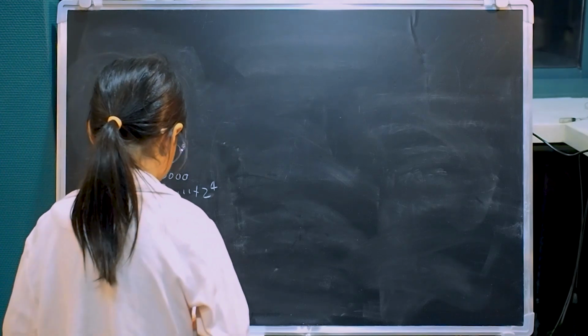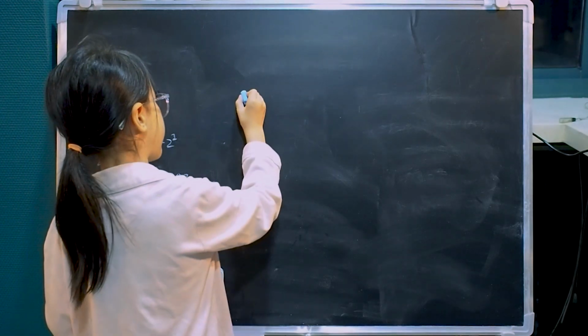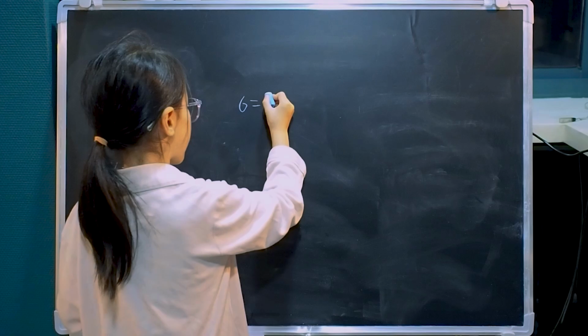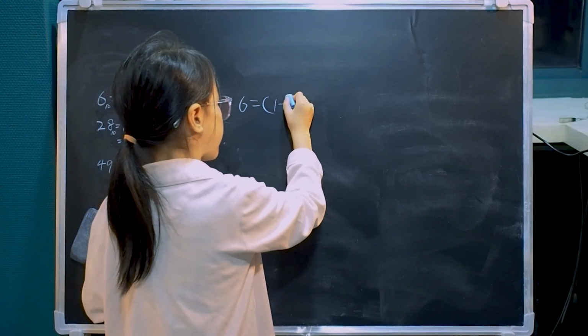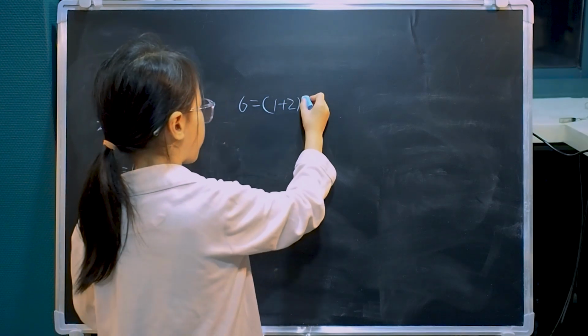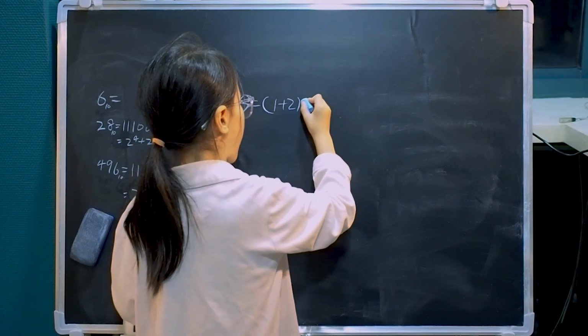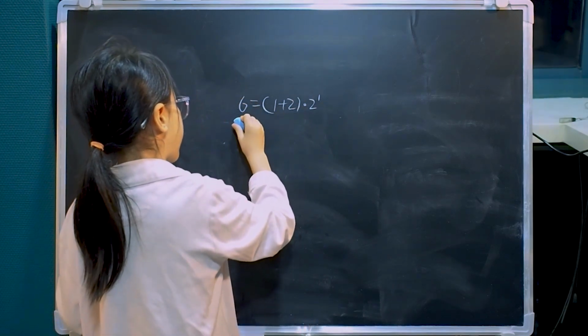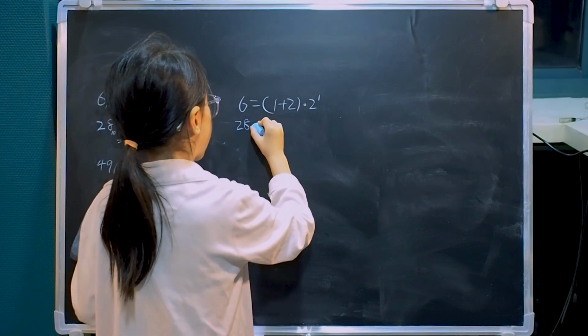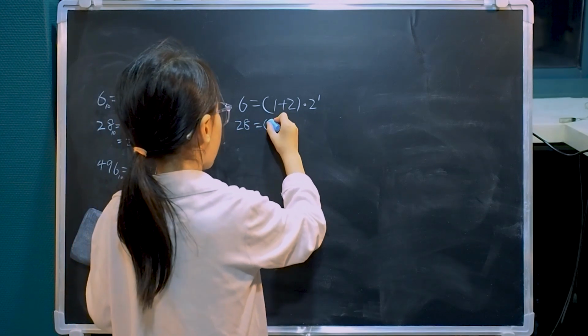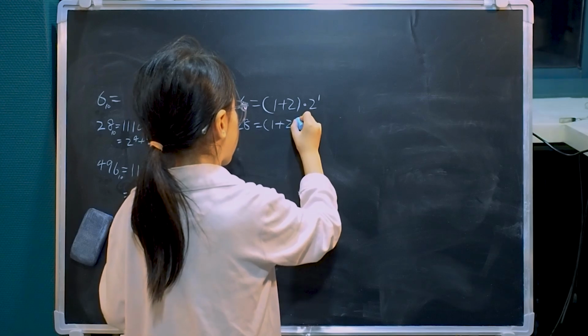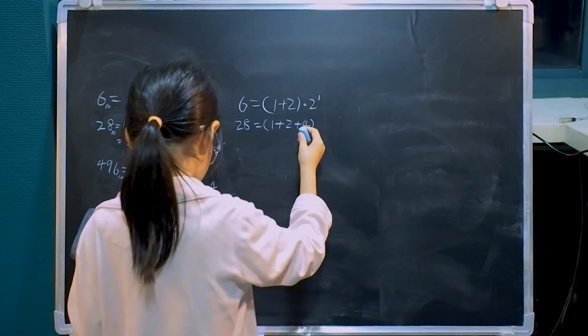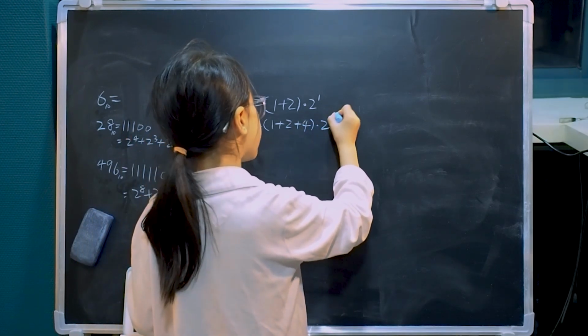Now let's see the next one. You can write 6 equals 1 plus 2, in brackets, times 2 to the 1. And 28 can equal 1 plus 2 plus 4, in brackets, times 2 to the 2.